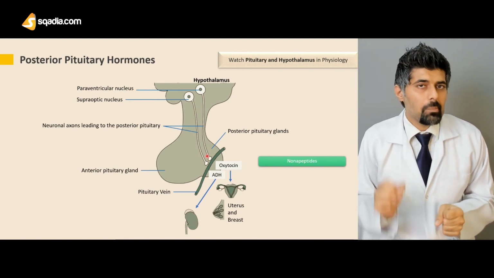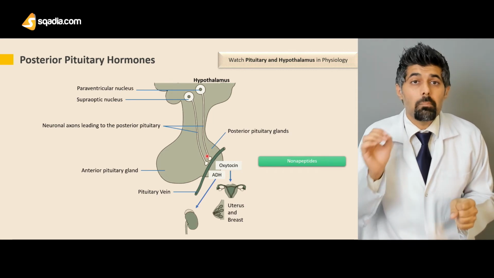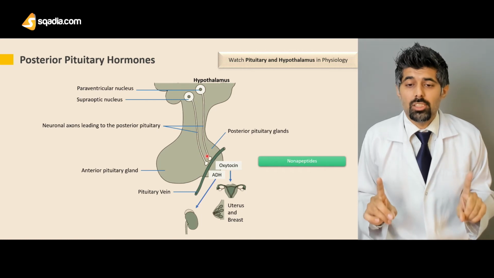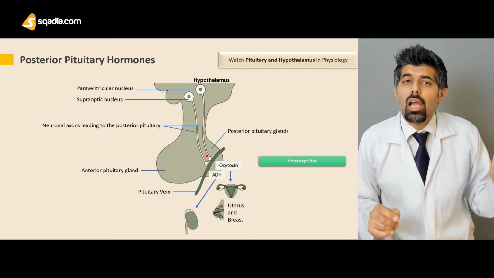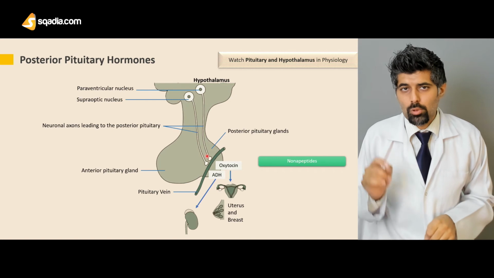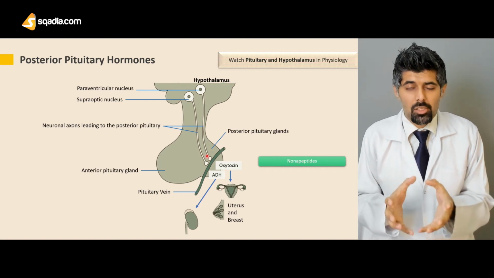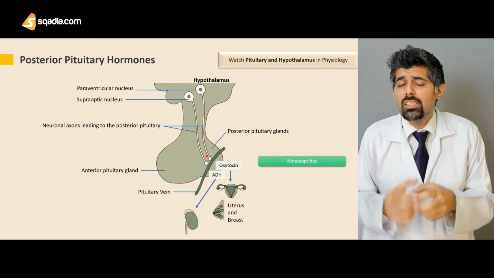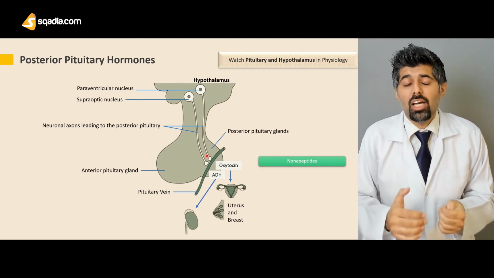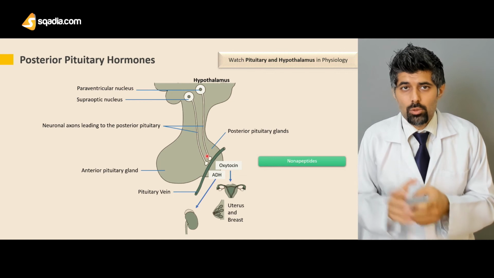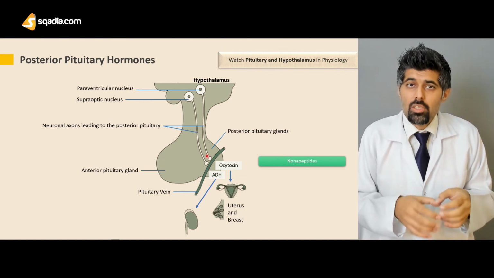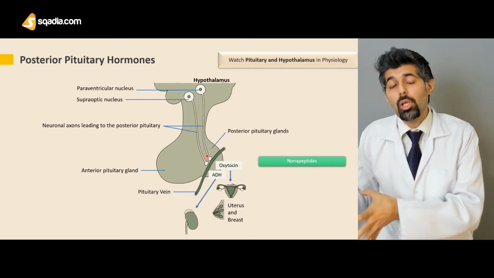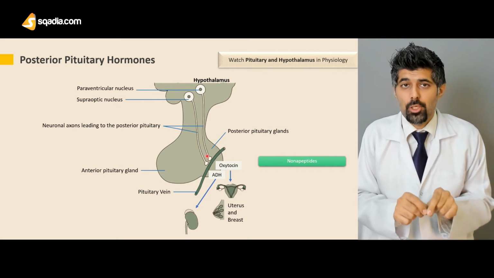Nonapeptide means that they are composed of 9 amino acids, making them oligopeptides. The only difference is that both of these have a disulfide bridge. So oxytocin and ADH are 9 amino acid oligopeptides, called nonapeptides, with a disulfide bridge.